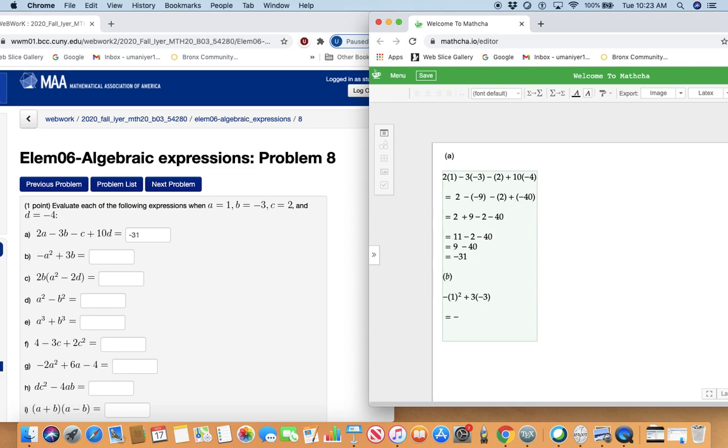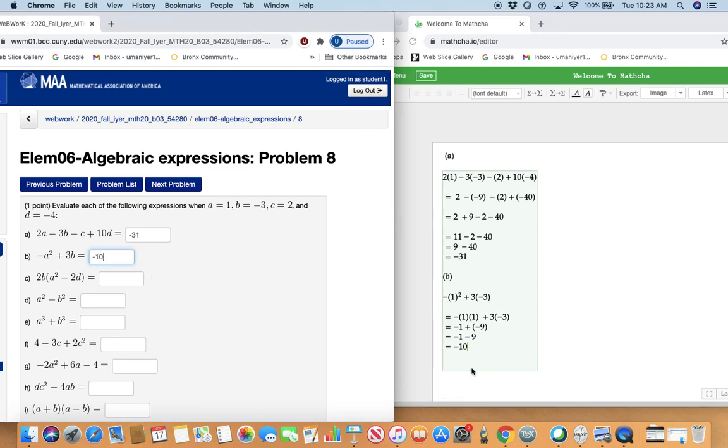The negative is outside. Exponent applies to whatever it is closest to. So that's a negative 1 times 1 plus 3 times -3, which is -9. I open this parenthesis: I have -1, positive followed by a negative is -9. So -1 minus 9 is -10.